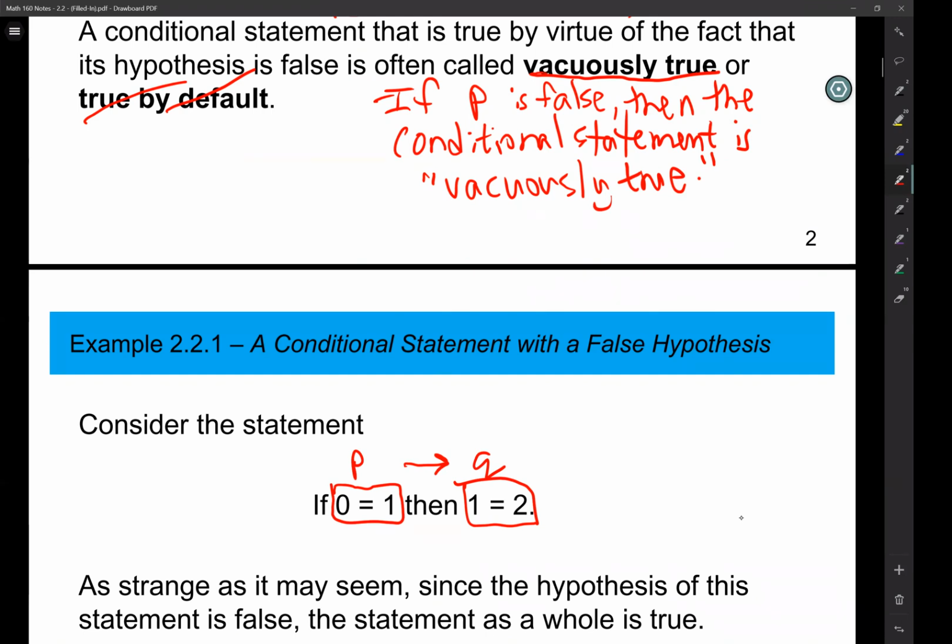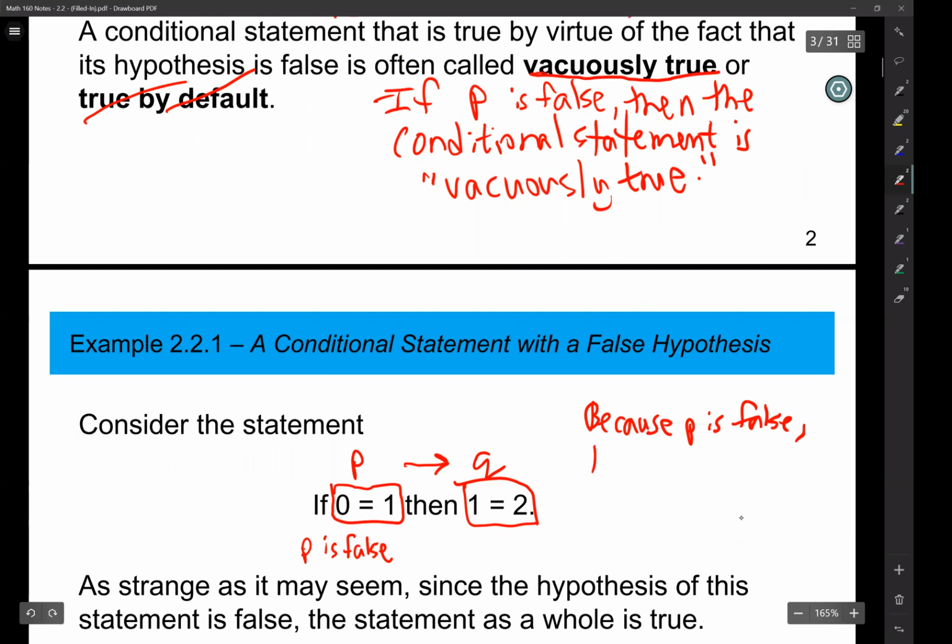Now this is false by default. So P is false. That's not true. But because P is false, remember P is the hypothesis, the beginning of the conditional, the whole conditional is true. It's vacuously true.